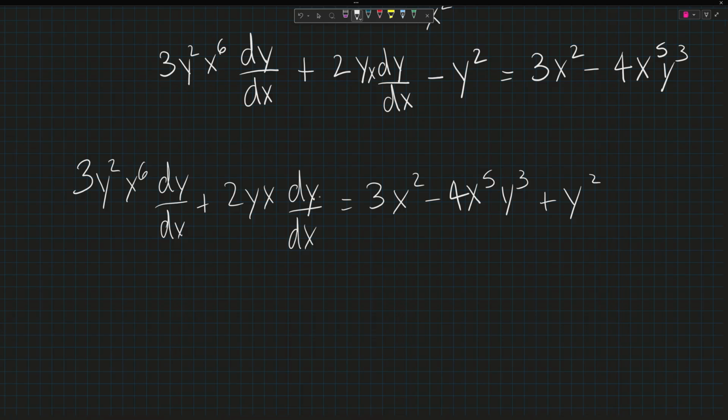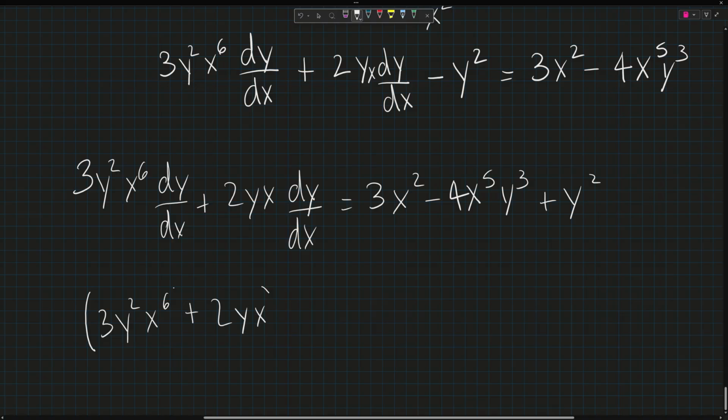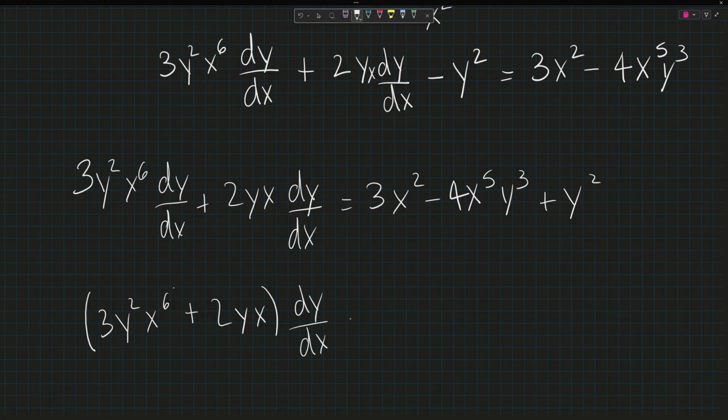Now, these dy over dx could be pulled out like this. 3y squared x to the sixth plus 2yx times dy over dx equals all this on the right.